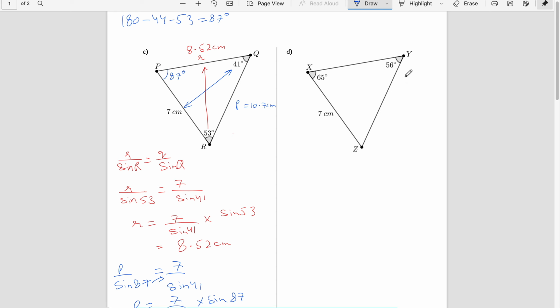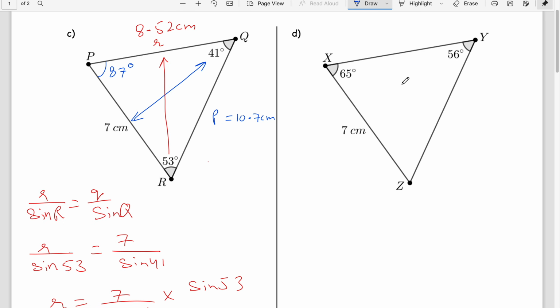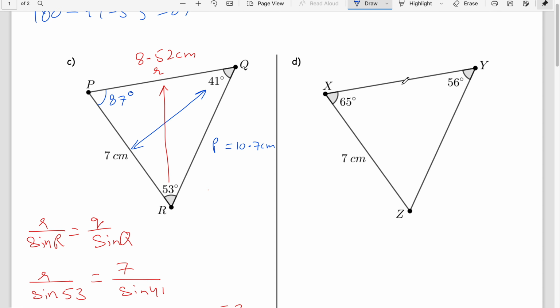Okay, the second part, again we have two known angles and two unknown sides. So 180 minus 65 minus 56, the angle is 59. So now we know the third angle, which is 59. This is my known pair and I am going for this side.